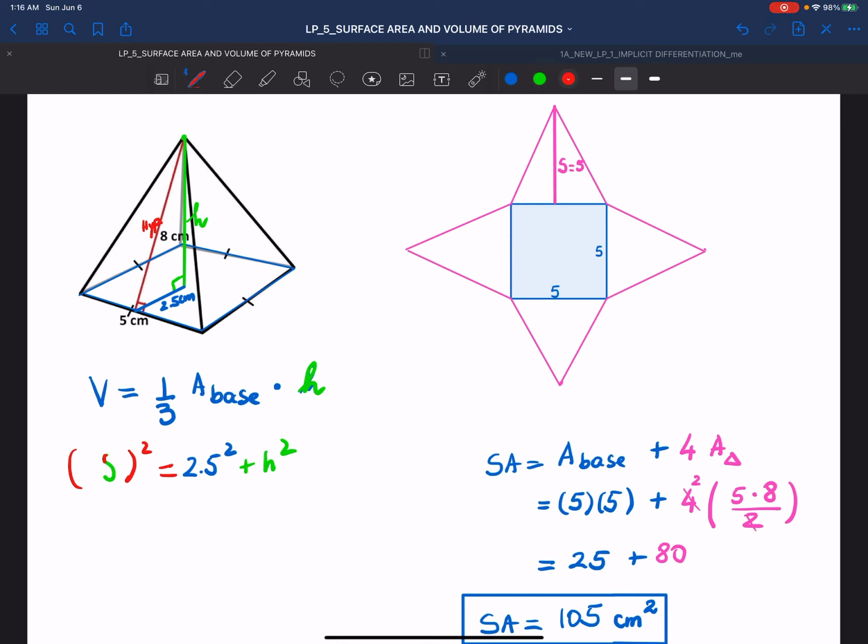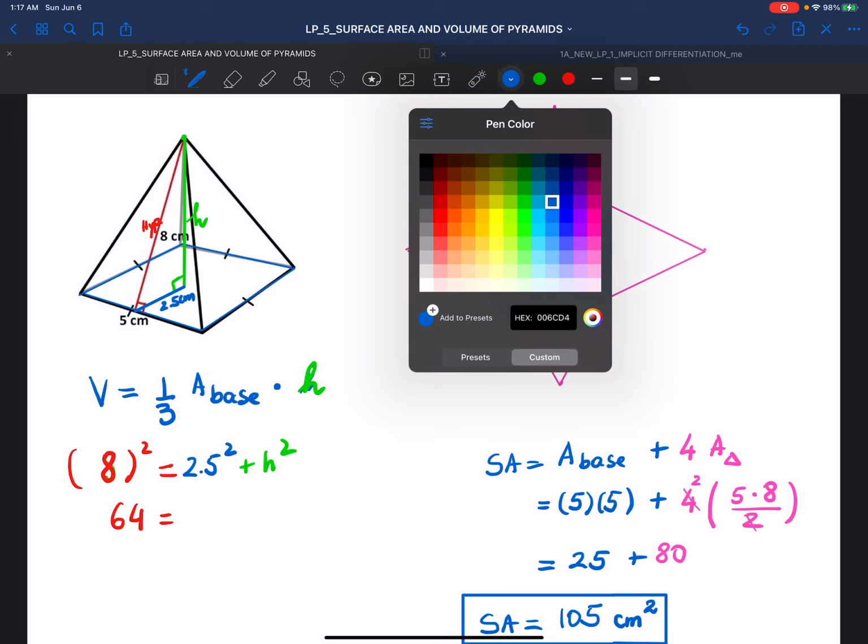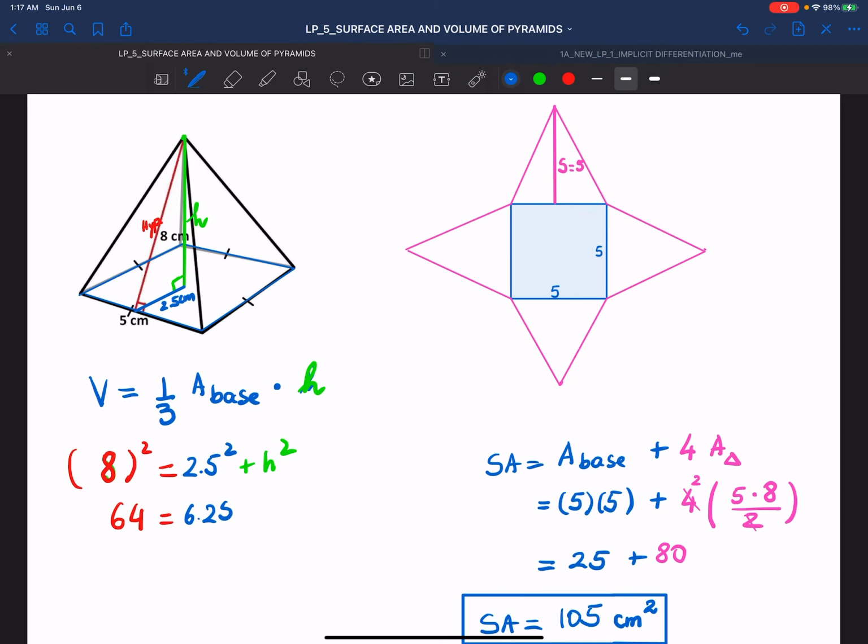Therefore, we'll have 8 squared, or 64, equals 2.5 squared, which is 6.25, plus h squared. So 64 minus 6.25 would equal h squared.